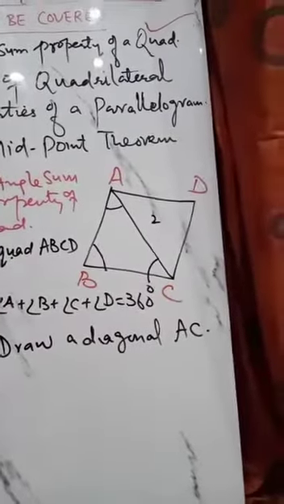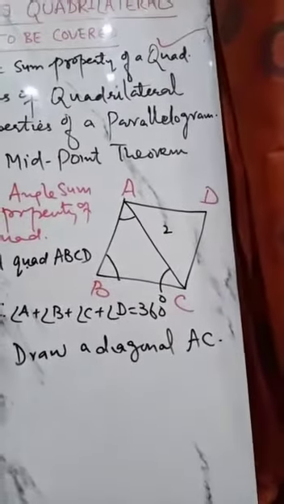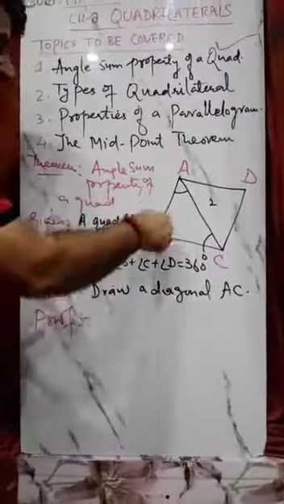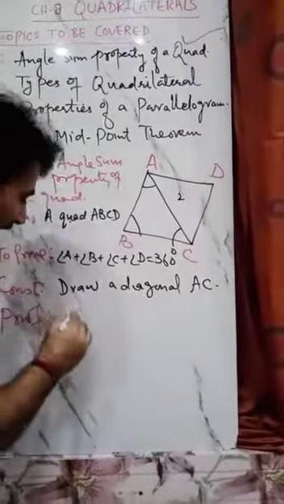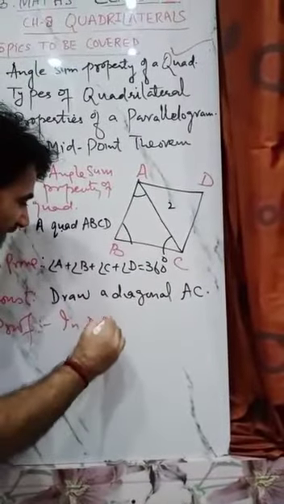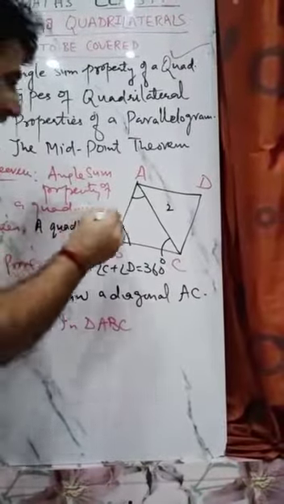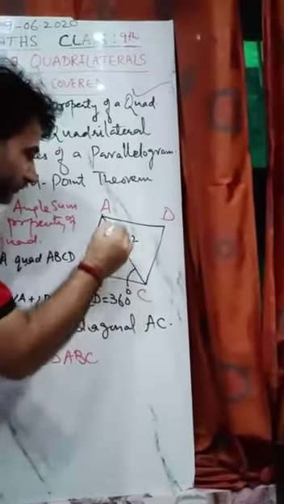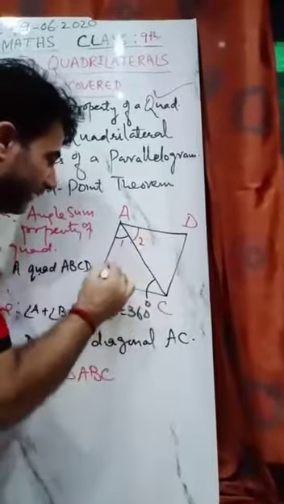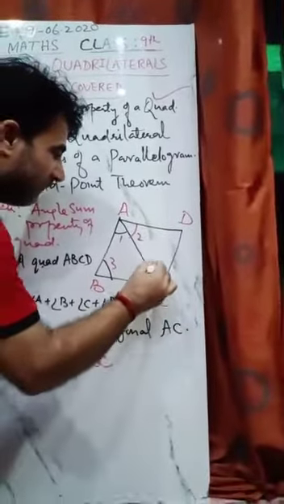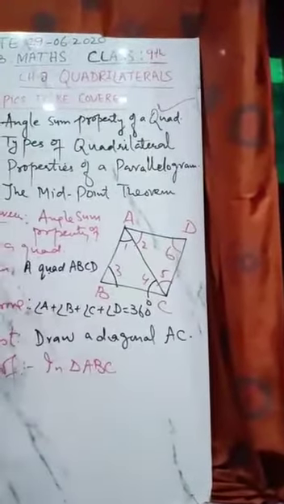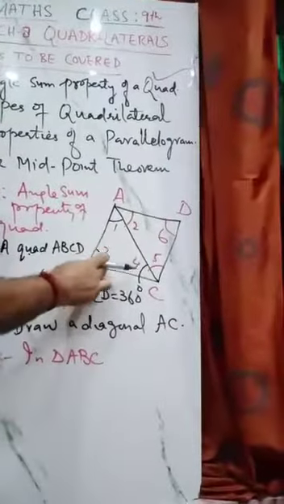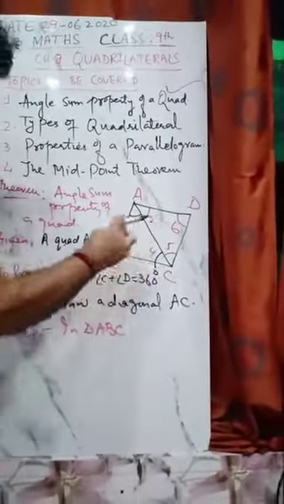Now we will start the last part, the proof. First take triangle ABC and name the angles 1, 2, 3, 4, 5 and 6. In triangle ABC we have angle 1, angle 3 and angle 4.